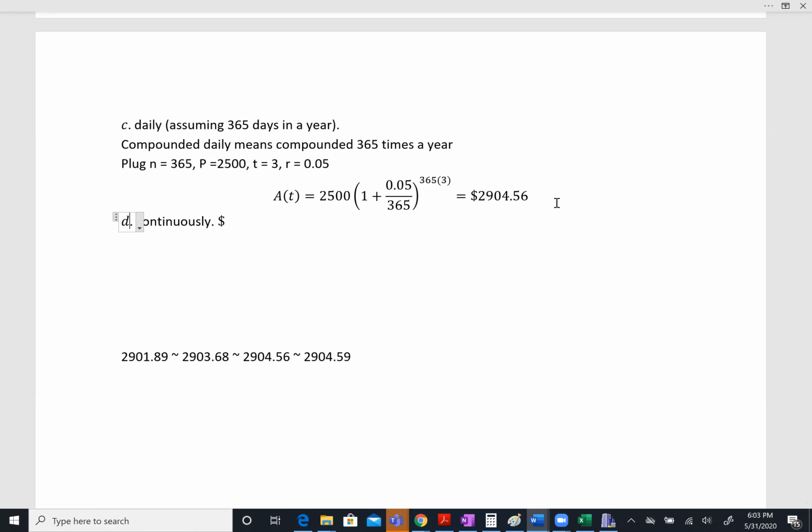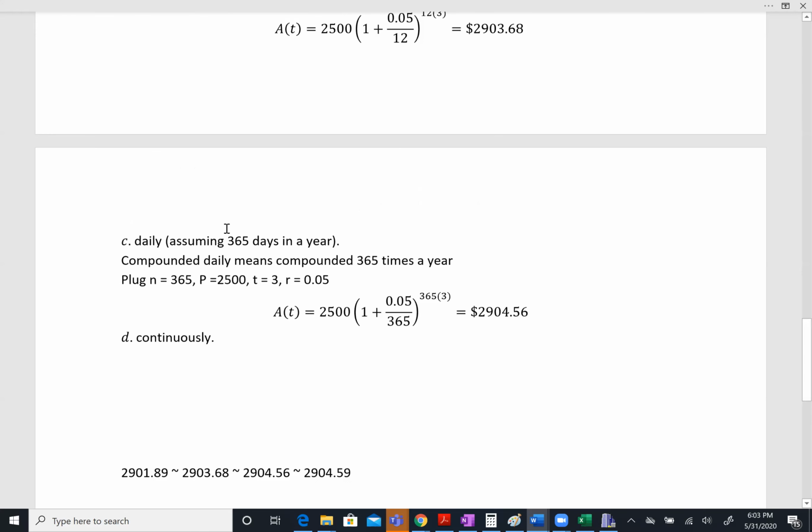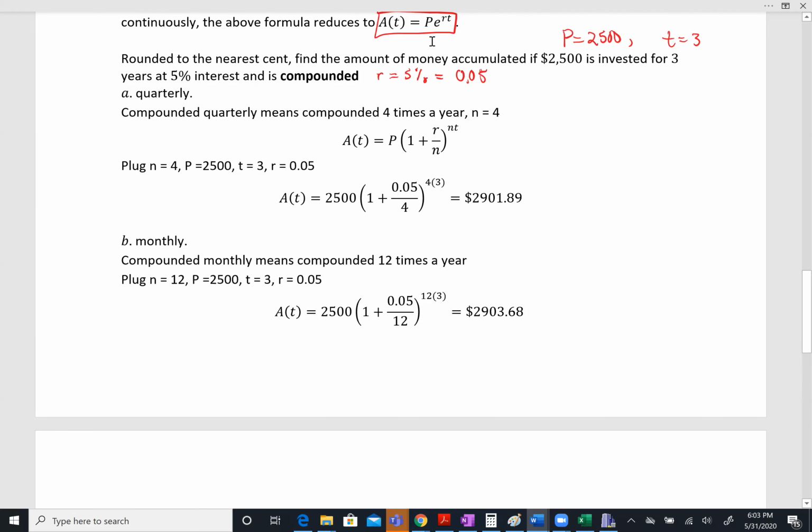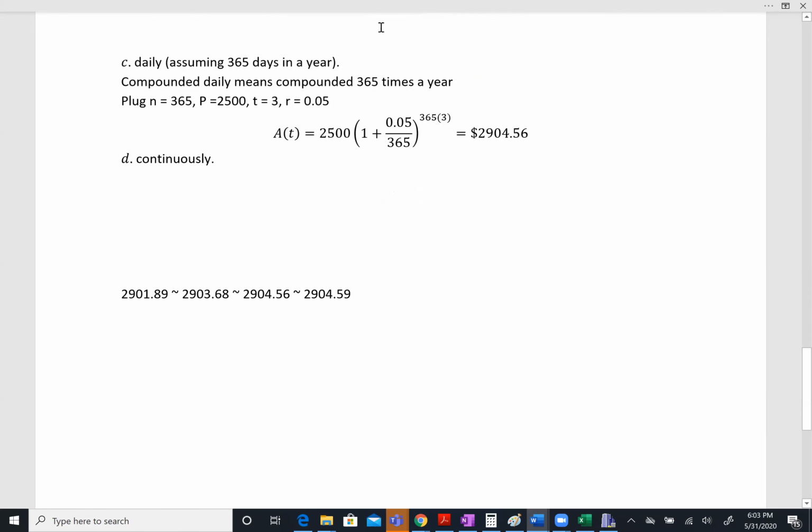And lastly, continuously. You don't know how many times you compound in a year. So it is going to be this form, with the e number.